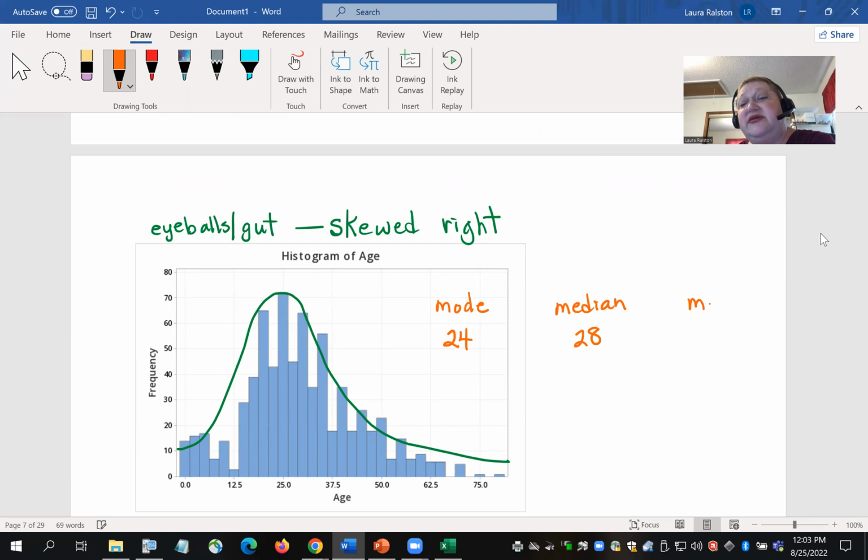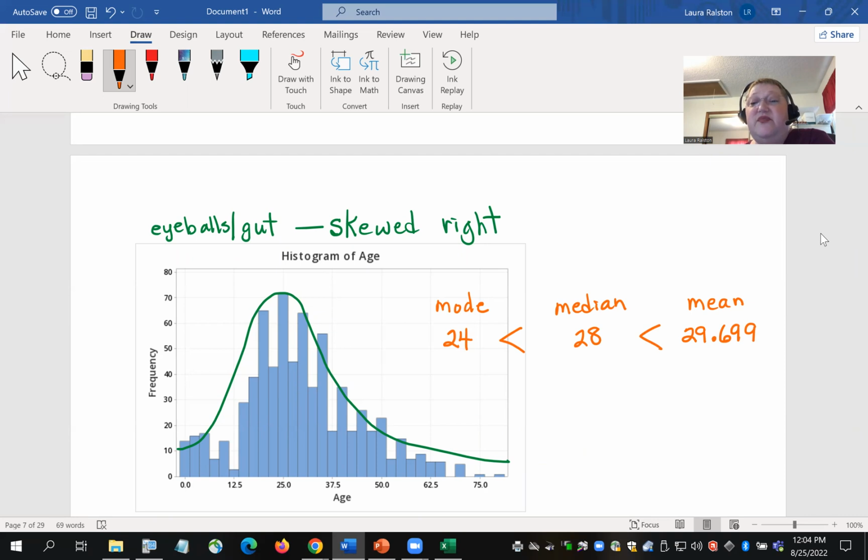And the mean, I believe, was 29.699. Okay, so if we look at the comparison of those three numbers, the mode, which is 24, is less than the median, which is 28. And 28 is less than the mean, which is 29.6.